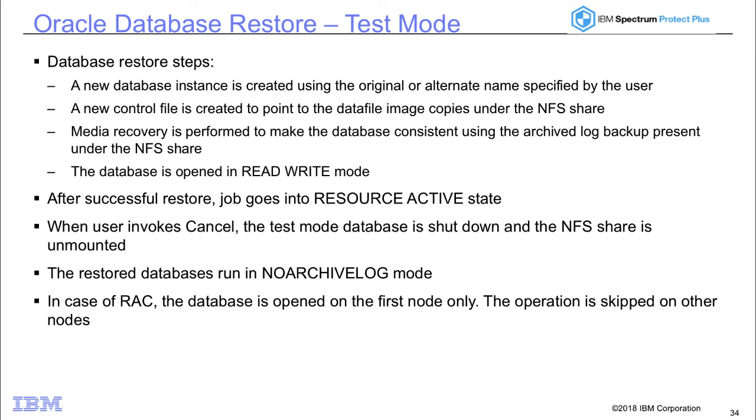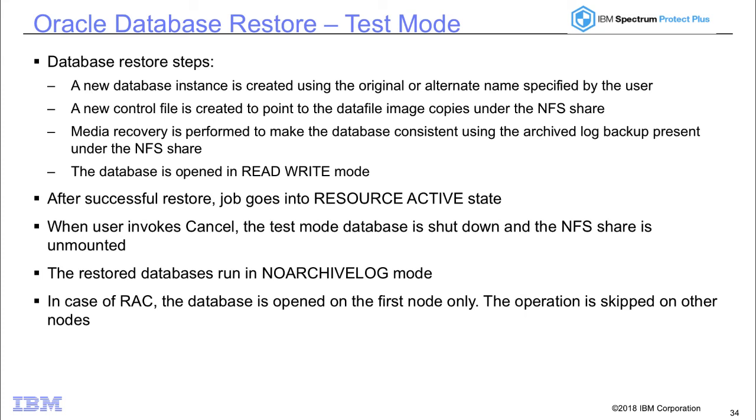So some details on the two modes of restoration. First, Oracle Database Restore in test mode. In test mode, a new database instance is going to be created using an original or alternate name specified by the user.